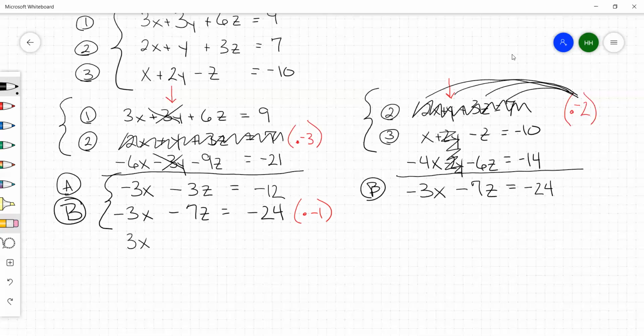My negative 7z times negative 1 is positive 7z. And the negative 24 times negative 1 is positive 24. Hopefully I didn't do anything wrong, because all I did was change the sign of everything. And now I'm done with this equation.